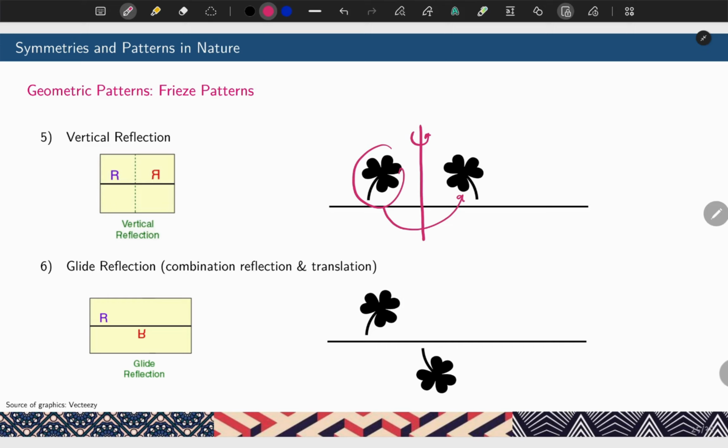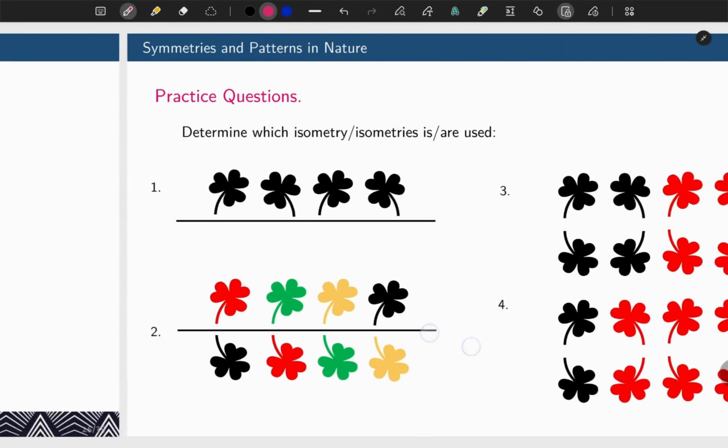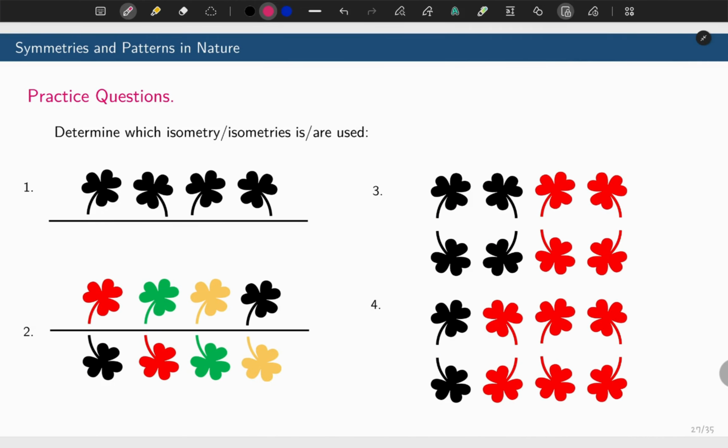It is a combination of reflection and translation. The reflection here can be horizontal or vertical. That is what we call a glide reflection. Now, for your practice, determine which isometry or isometries is or are used for the following images.